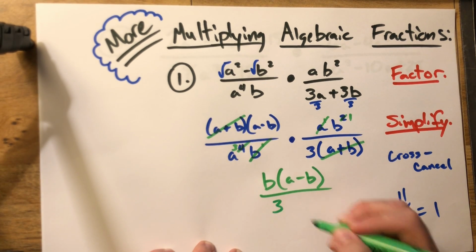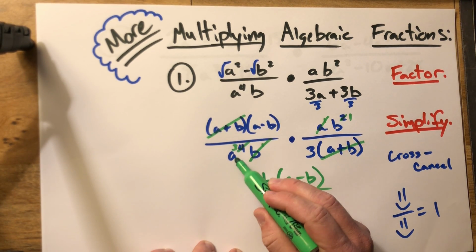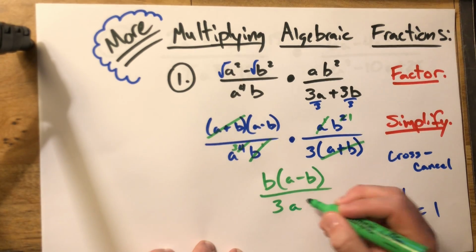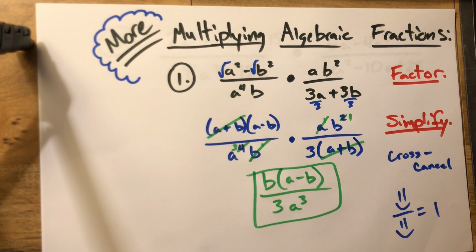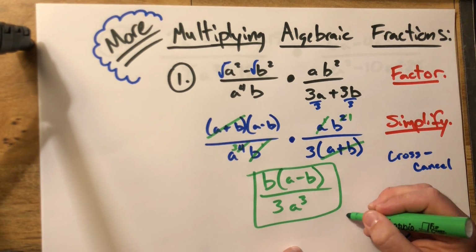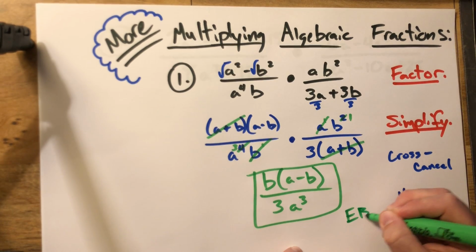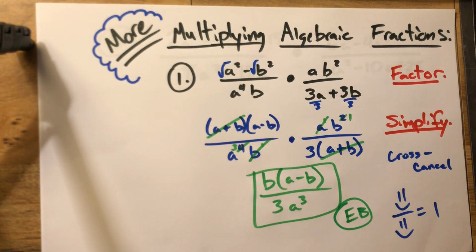So we have 3, and it looks like we just have the a to the 3rd left. So 3a to the 3rd. I think that's it. Double check that we've simplified everything. Yep, can't simplify anything else. So this actually relates to EB if you're keeping track of the answer there for your assignment. Looks good. Let's look at another one.